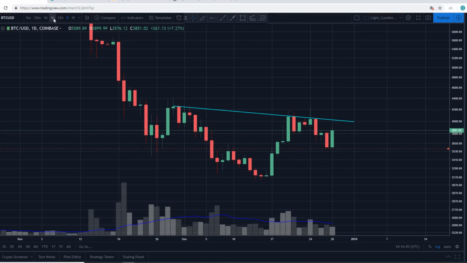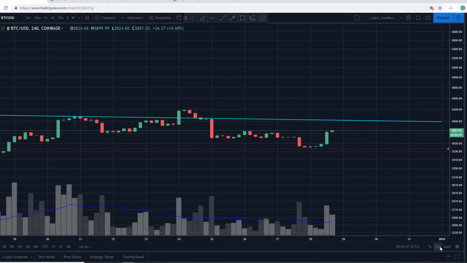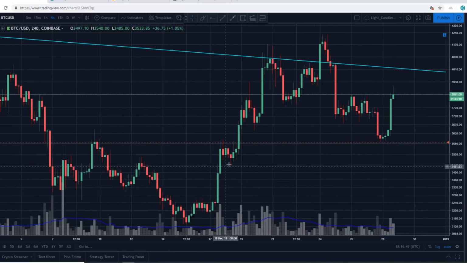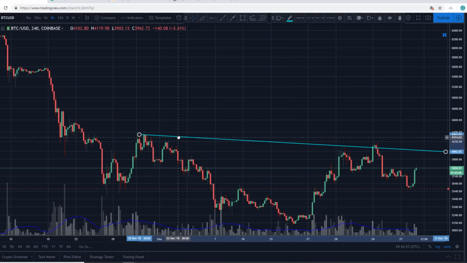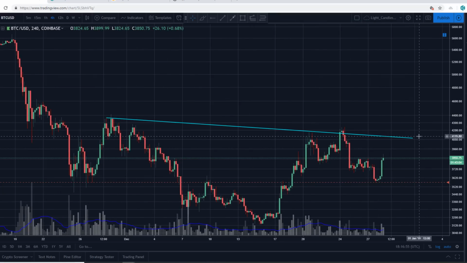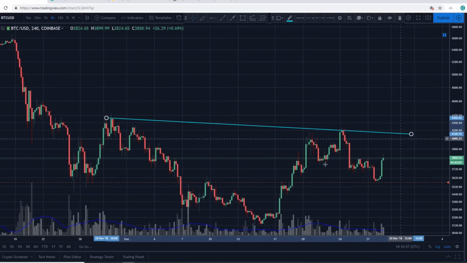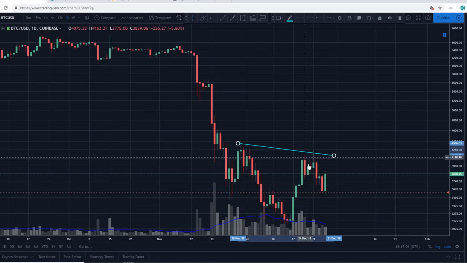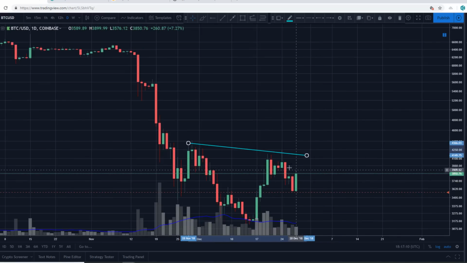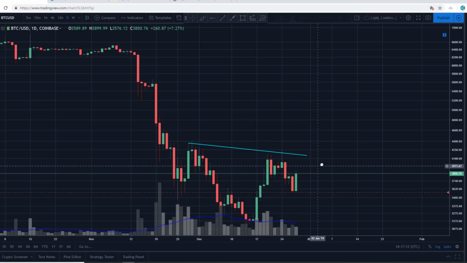If you wanted to be more conservative, you'll zoom in, go to the 4-hour chart, and then you make your neckline a little bit higher using the peaks on the 4-hour chart, which would be here and here. So you can see that changes the picture a little bit, gives you a little bit more assurance that it's breaking out before you call it a breakout. On the daily chart, that takes it off of this little consolidation here. So the drawback to that is you're getting in a little bit late if you're waiting for a breakout.